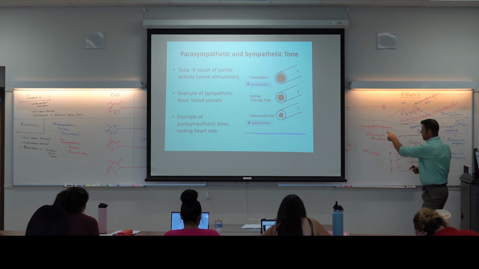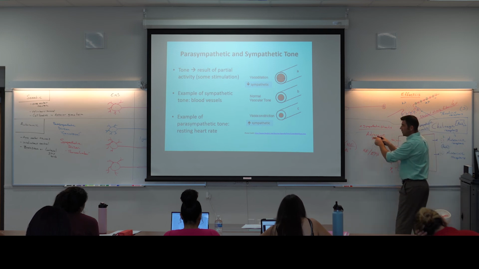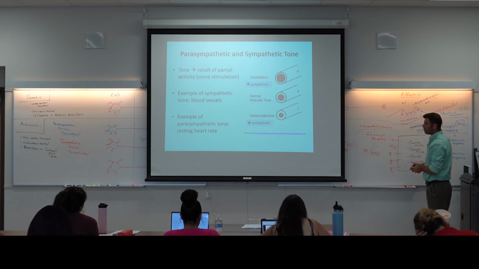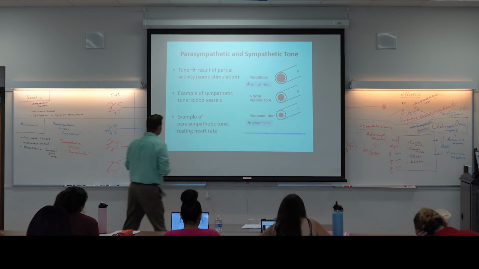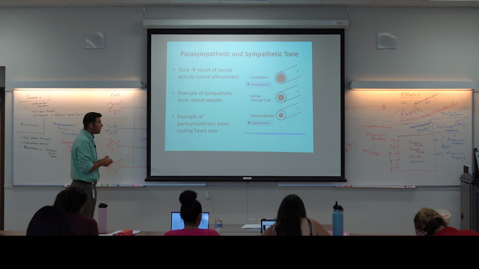It's not that sympathetic causes vasoconstriction and parasympathetic causes vasodilation. It's all sympathetic division. It either increases its strength and causes constriction or decreases the strength of sympathetic signal and causes vasodilation. Okay, so that's sympathetic tone, this fact that there is a constant sympathetic signal that's being sent to the smooth muscles on the walls of most blood vessels.